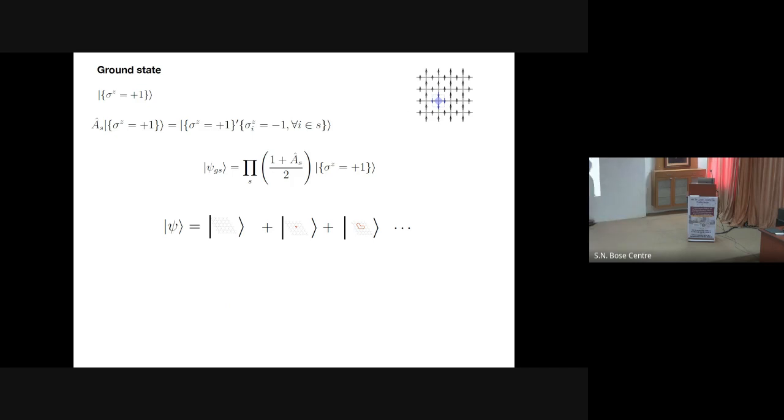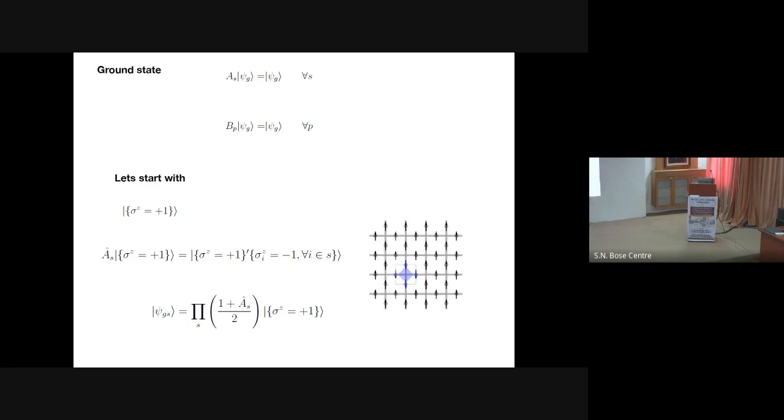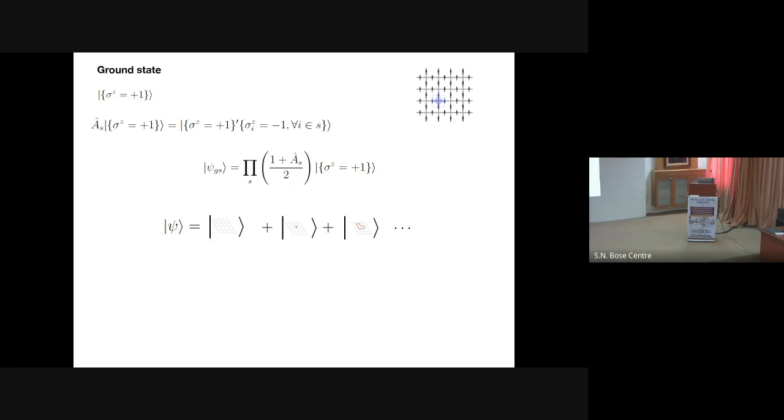Okay, if I expand this. And once you do this, clearly this satisfies this BP to be +1. But once we act with AS, okay, they just permute between different states.